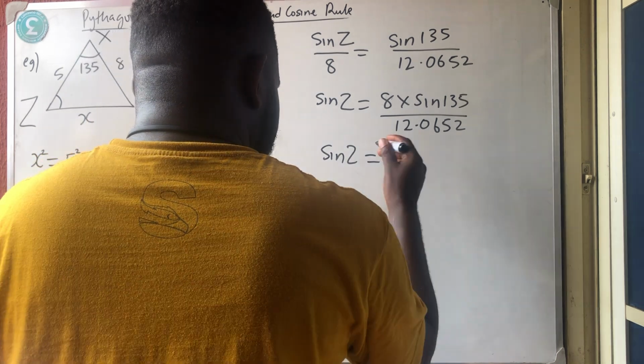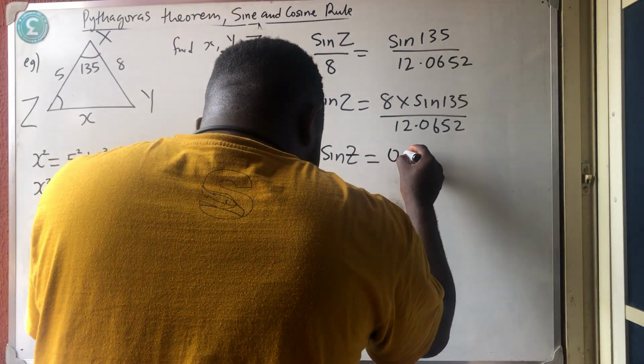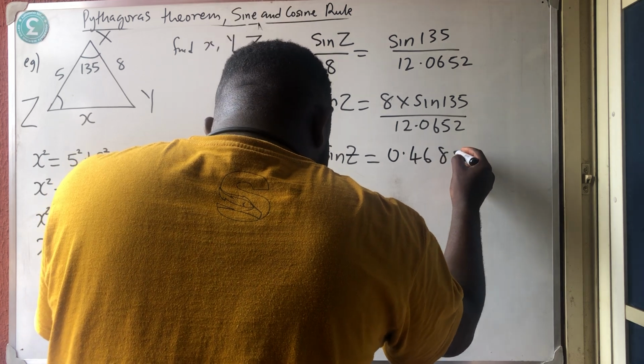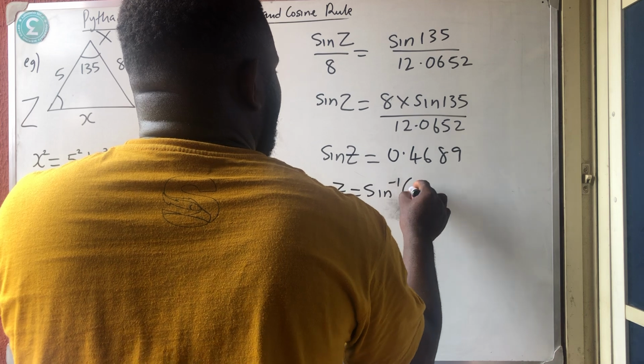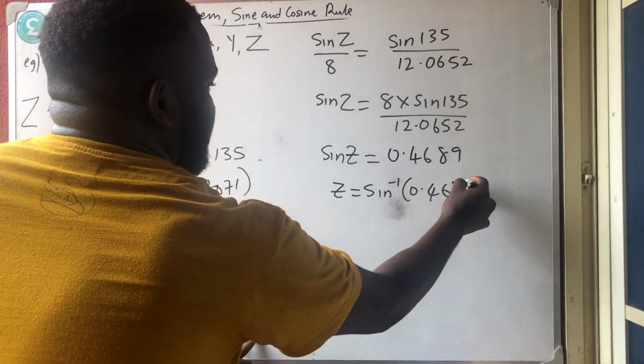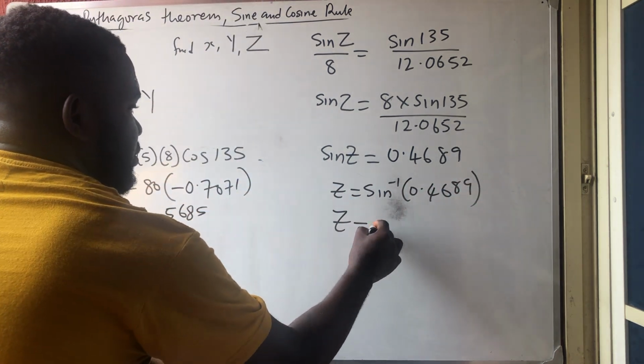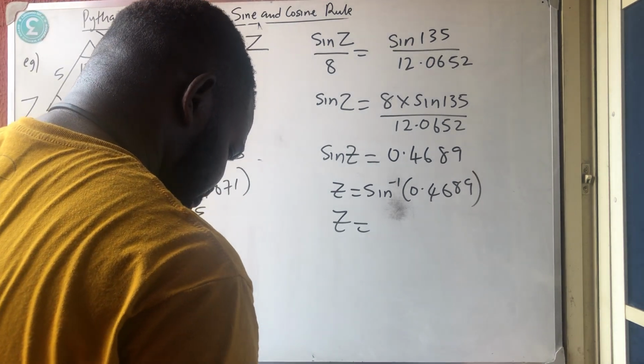So I'm having sine z is equal to 0.4689. So my z is now the sine inverse of 0.4689. So let's get the sine inverse of that.